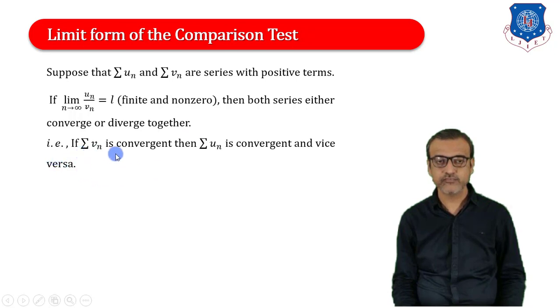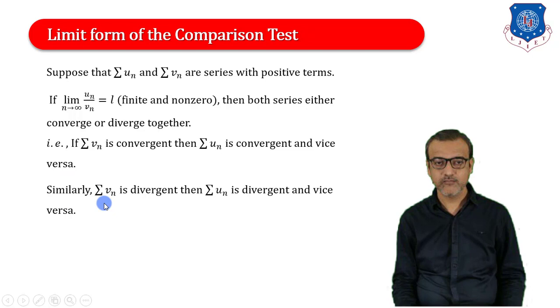That is, if sigma vn is convergent, then sigma un is convergent and vice versa. Similarly, if sigma vn is divergent, then sigma un is divergent and vice versa. So this is the limit form of the comparison test.